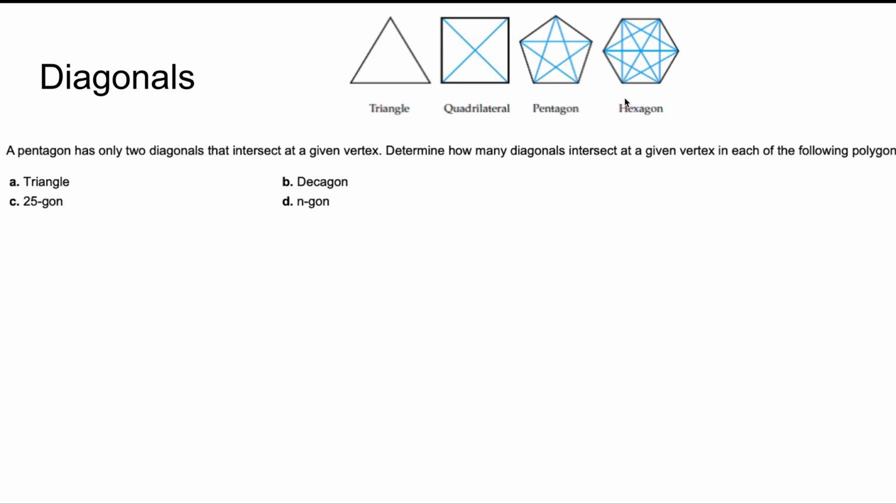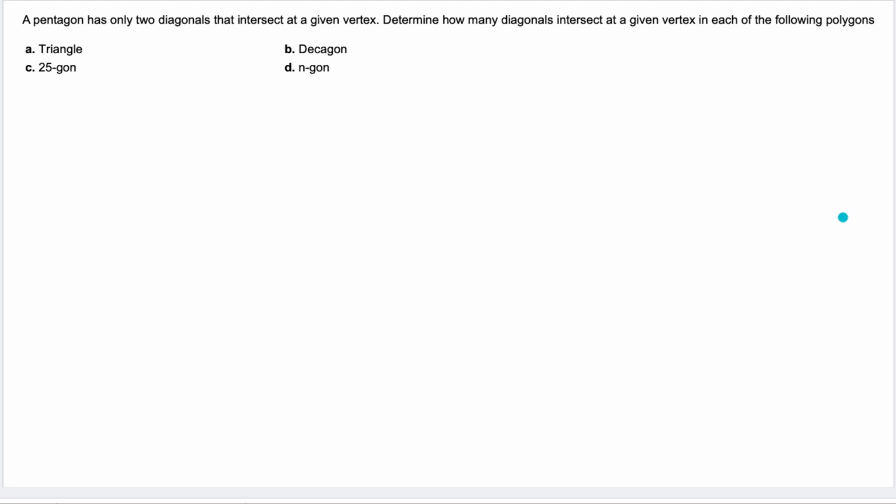My question for you is, how can we determine the number of diagonals? So I want you to draw these shapes on your paper and find out how many diagonals you find. Okay, so we know a pentagon has only 2 diagonals at a given vertex. So if I draw a pentagon, it looks like 5 sides.